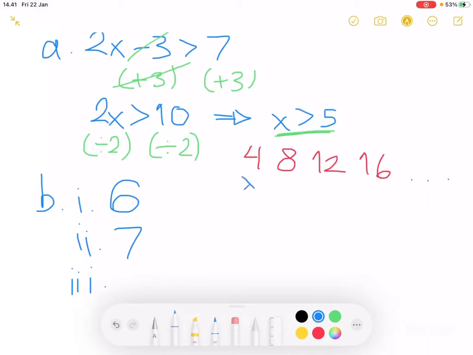Notice 4 does not. 8, however, is correct, and everything after that is correct. However, we're going to take 8 because this is the smallest possible value. So our answer for this part is 8. And we're going to look at some other examples of this type of question.